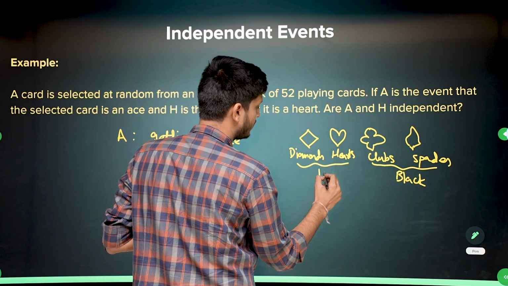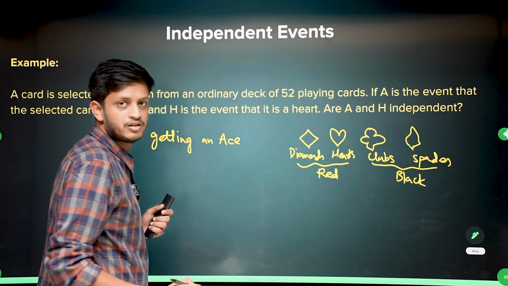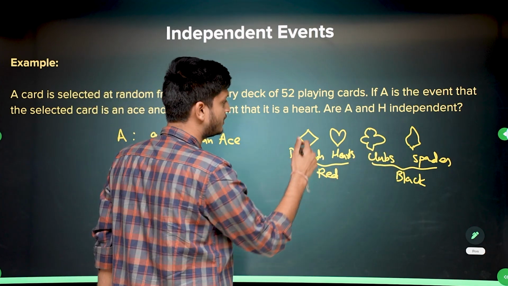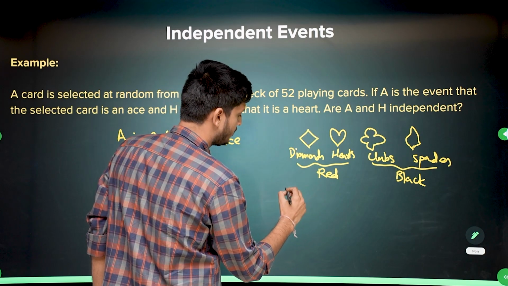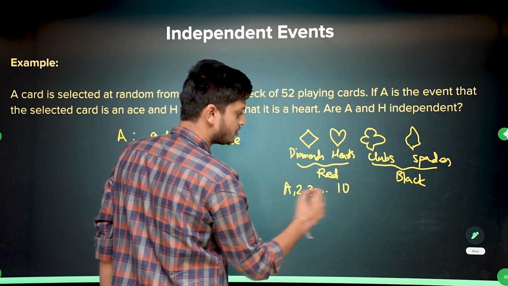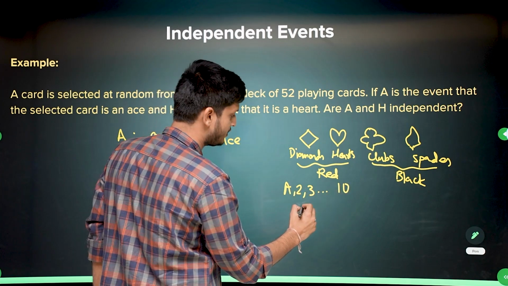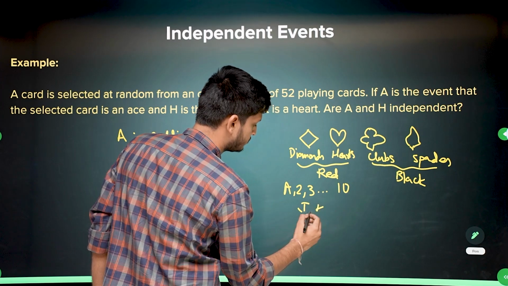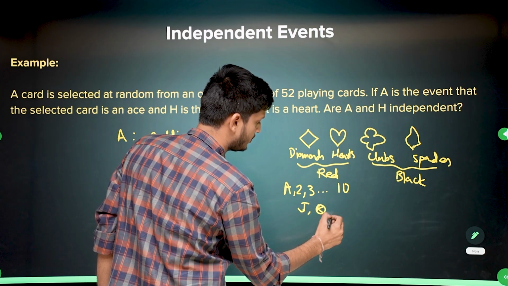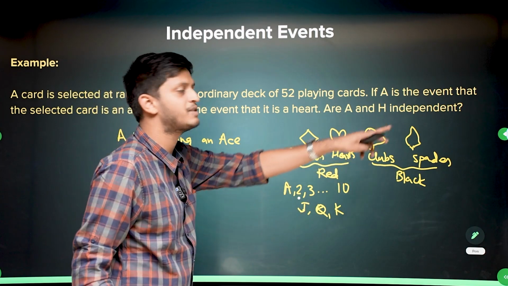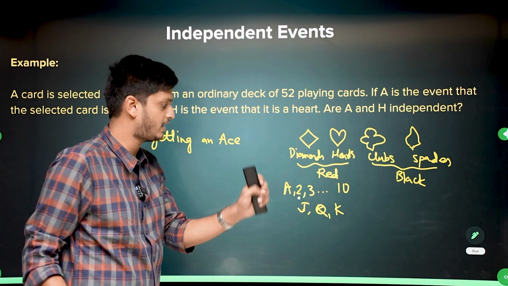Diamonds and hearts are red in color. In each of the 4 suits there will be 13 cards each: ace, 2, 3 up to 10, so 10 cards like this, and then jack, queen and king. Similarly, you will have the same configuration for hearts, clubs and spades as well. So 13 into 4 is 52 cards, right?